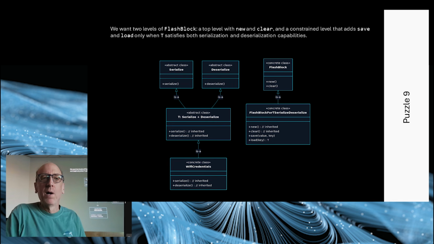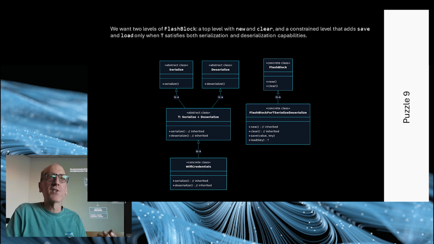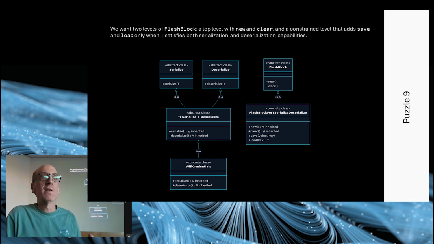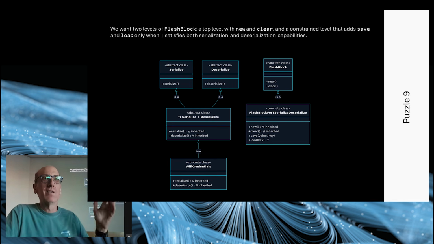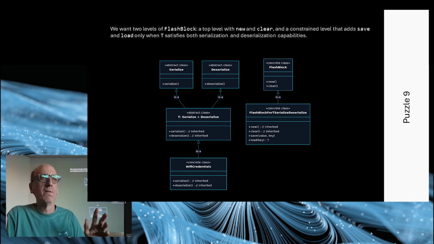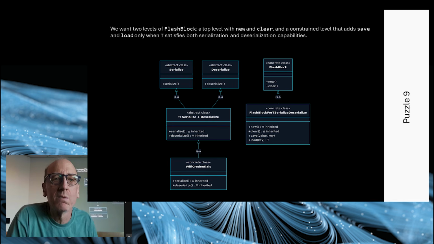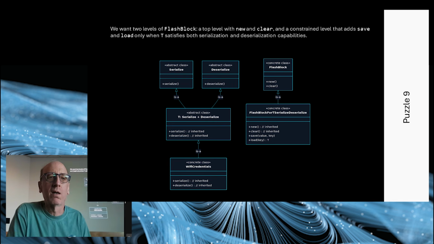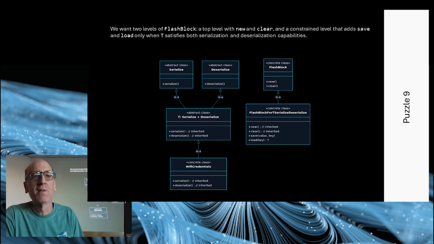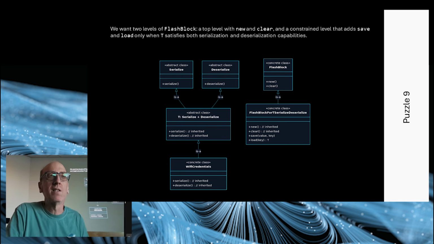But if I have a type that is serializable, I also want to be able to save and load that type into a flash block. But if I created a type that's not serializable, then you can't save and load it. Serializable is two traits or abstract classes on this slide, Serialize and Deserialize.